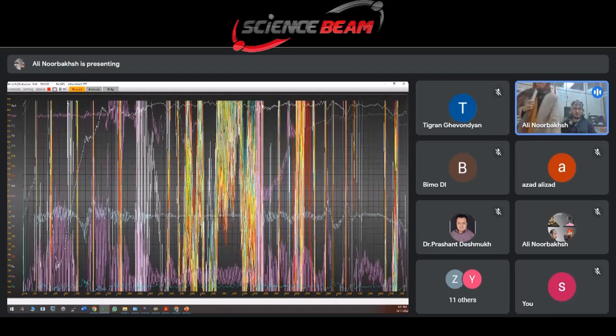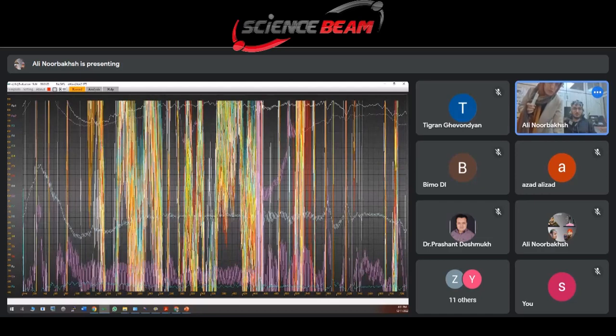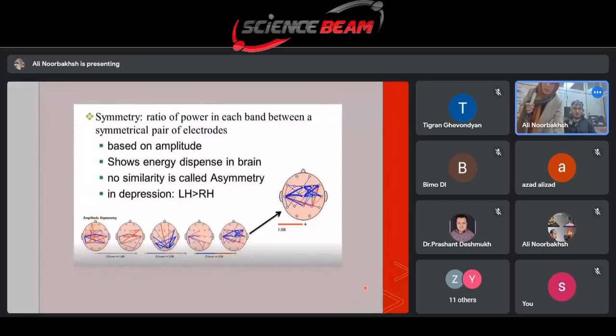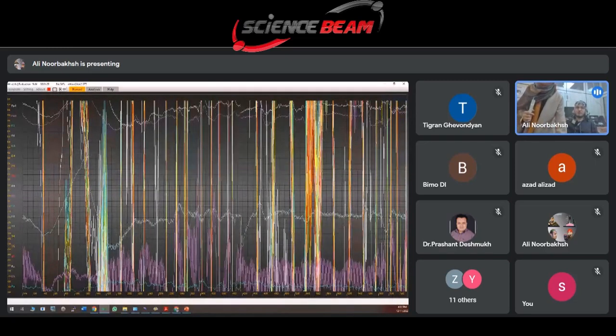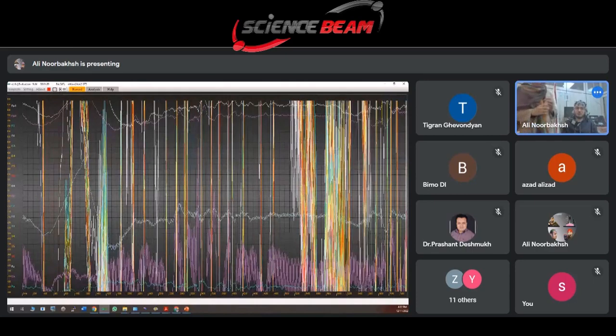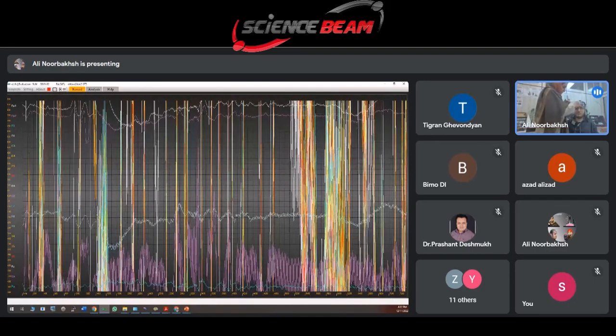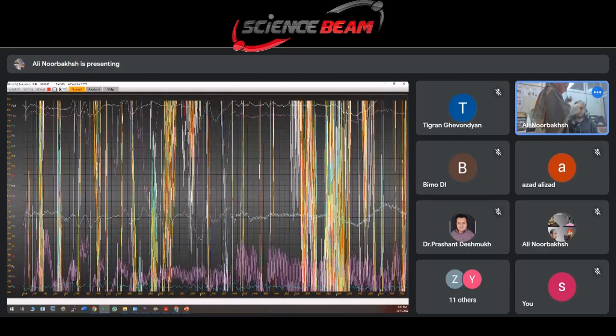Can you see FP1 and FP2? I want to see the software. FP2, it doesn't have any noise.